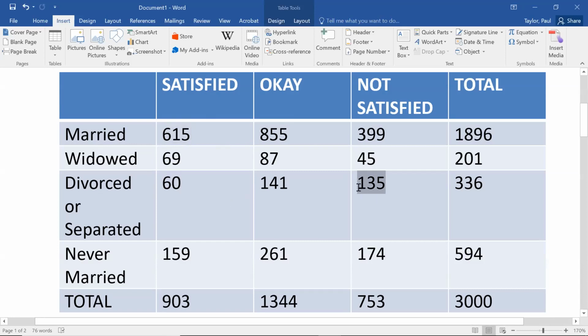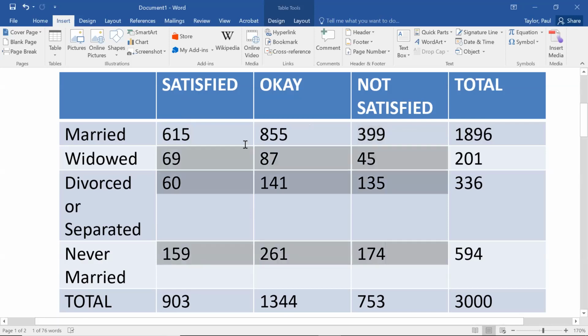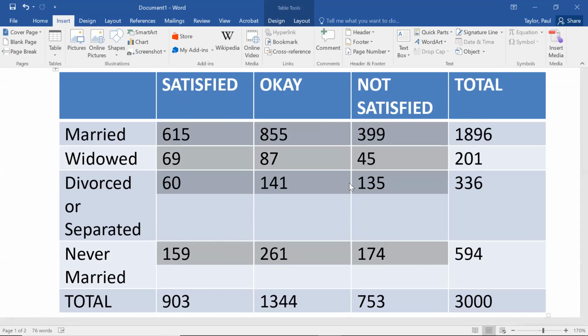There's more in the not satisfied than the satisfied category in the divorced and separated category compared to married, where there's more satisfied and not so many not satisfied. But there's a lot of boxes in this table. There's 12 boxes in the main body of the table if you ignore the totals columns, and it's hard to look at 12 boxes and see if there is a real association.